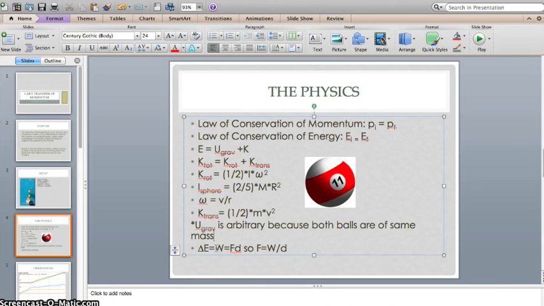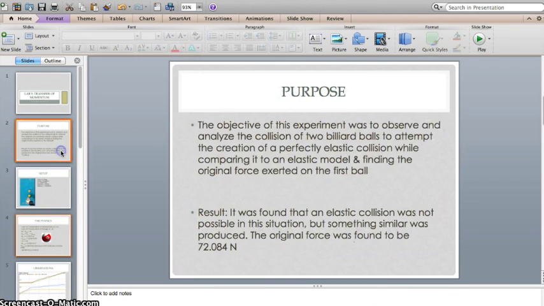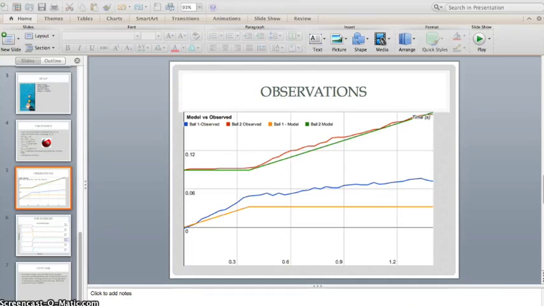And because work is equal to force times distance, one can also know that force is equal to work divided by distance, and in doing so we obtained our final answer of the force being 72.084 newtons.